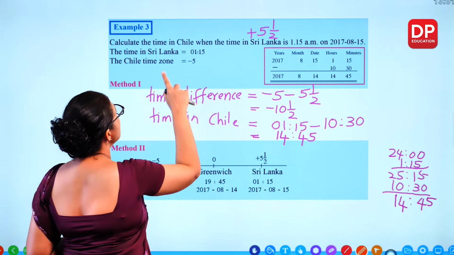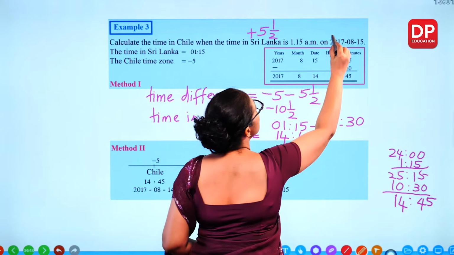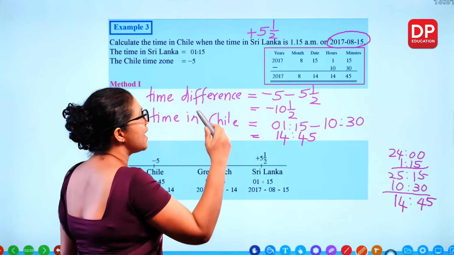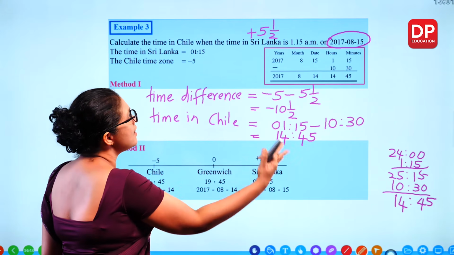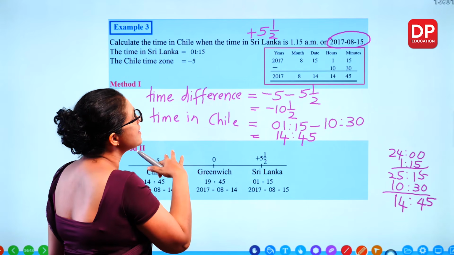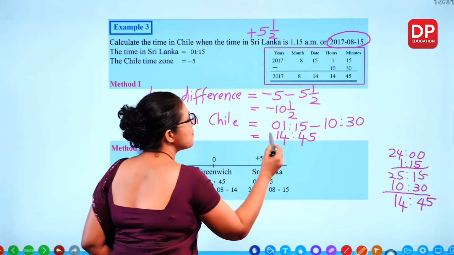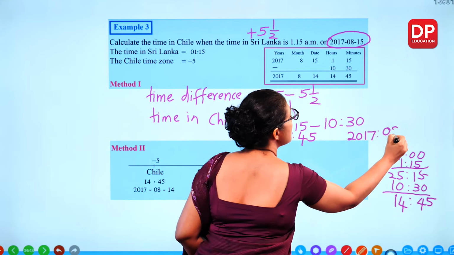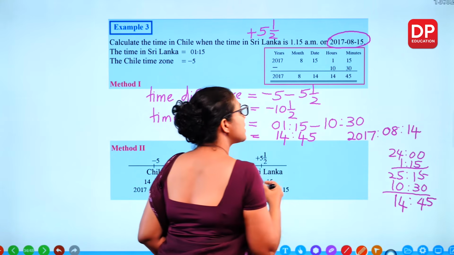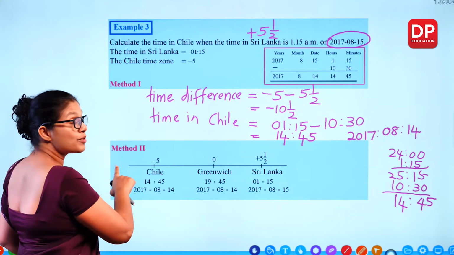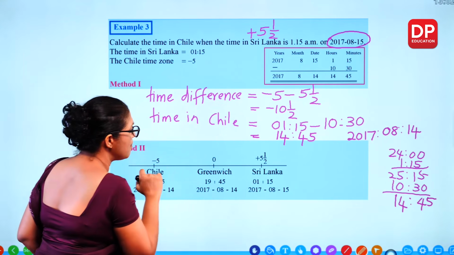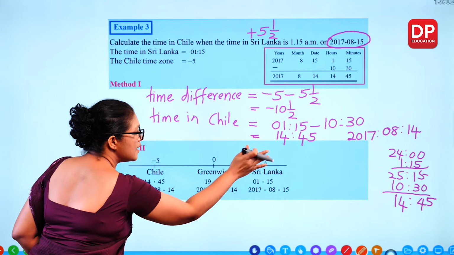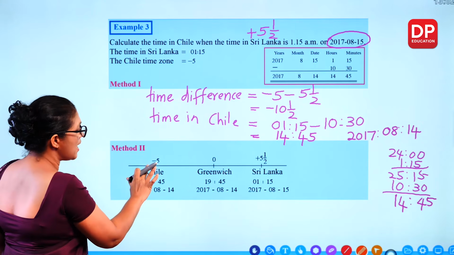So what's the date? Earlier one was 2017, 8, 15, August 15th. That's in Sri Lanka. So this becomes the previous day. So the date becomes 2017, 8, 14, that means August 14th. Now when you do it using the diagram, it's easy. Greenwich is 0. 5.5 is Sri Lanka and Chile is minus 5.